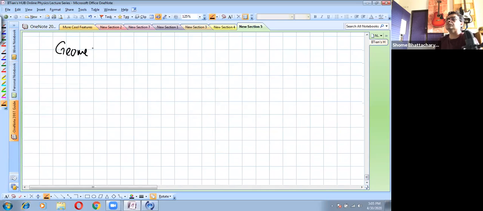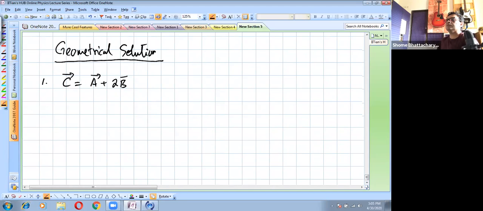So the geometrical solution is like this, that I have to convert the information that is given to me into geometry. That is, one piece of information that is given to me, let's say point 1, is that the vector C is equal to the sum of the vectors A and twice of B, not B, but twice of B, and C is perpendicular to A, okay, and the magnitude of A is 5.